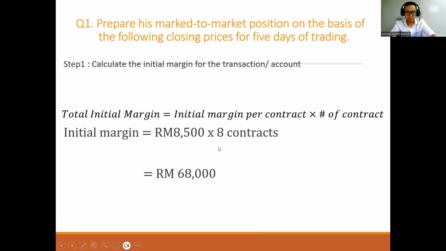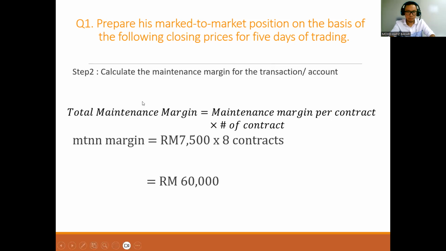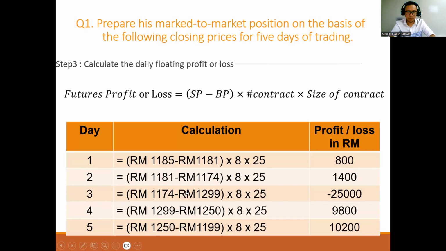So 8,500 times 8 contracts is equivalent to 68,000. And then the maintenance margin per contract times number of contracts: 7,500 times 8 contracts is equivalent to 60,000 ringgit.